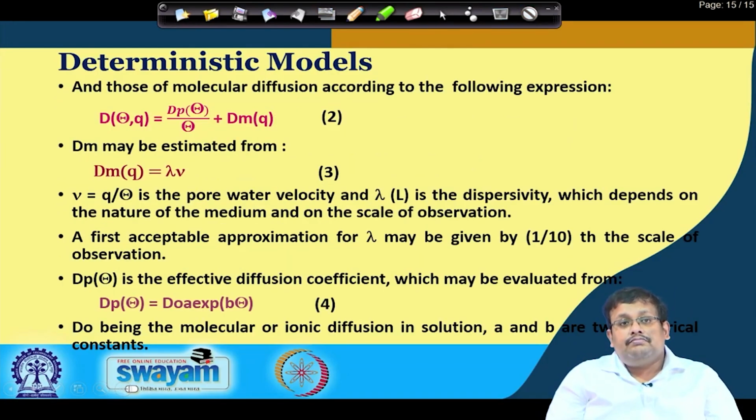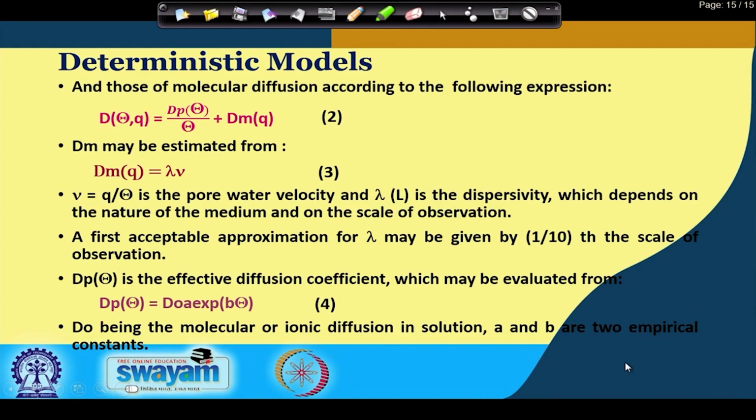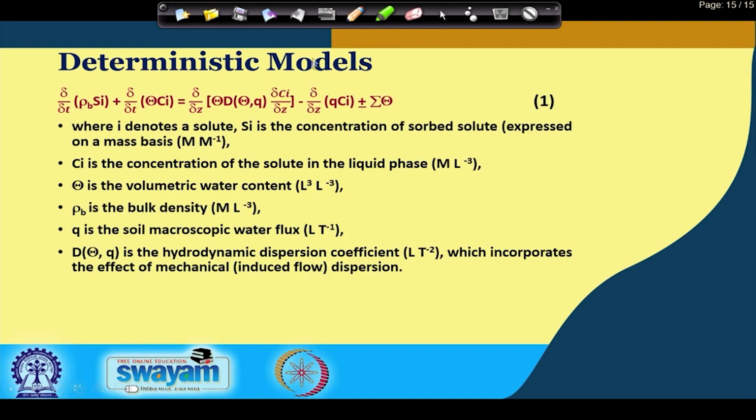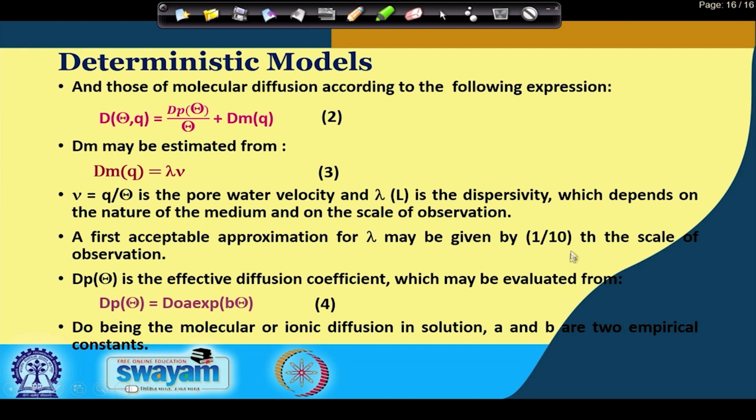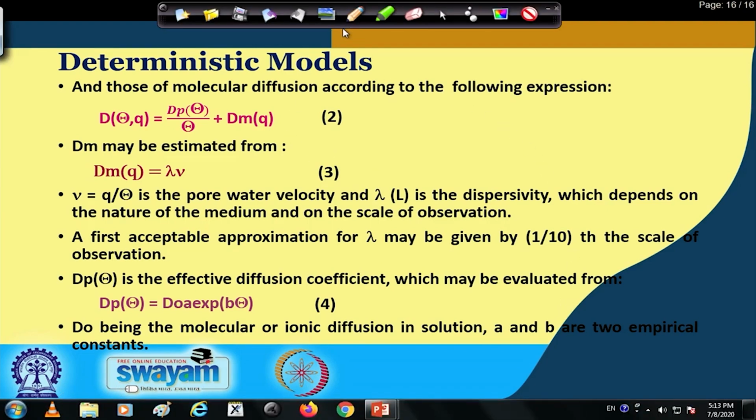Now, if we elaborate this term, D(theta, q), the hydrodynamic dispersion coefficient, it can be extended using the following expression, where the mechanical dispersion term can be estimated by multiplying lambda with v.